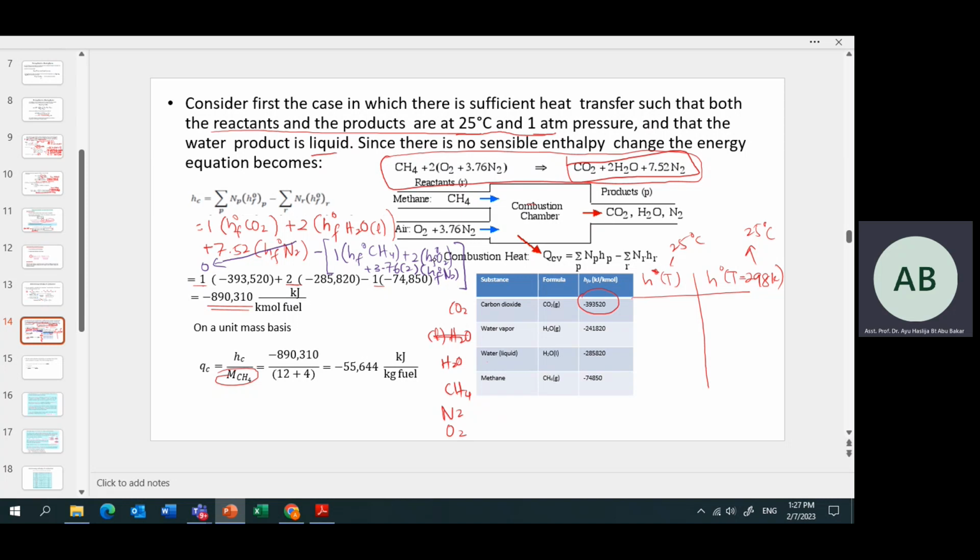Heat of formation of O2 is 0, cancel out, then cancel out N2 as well.